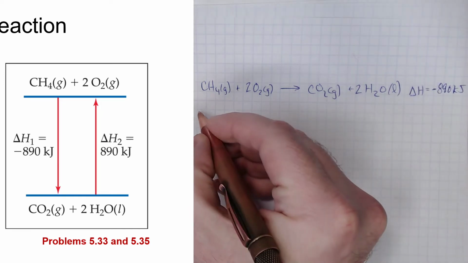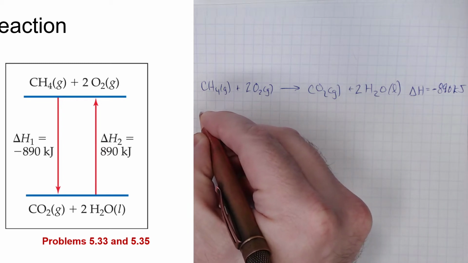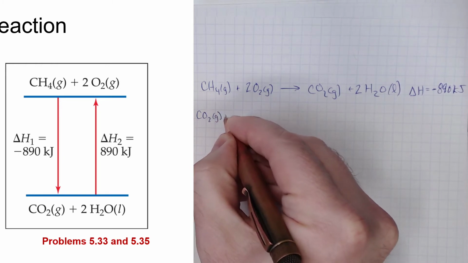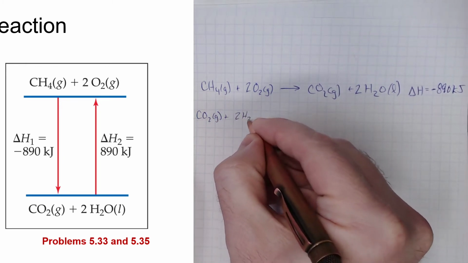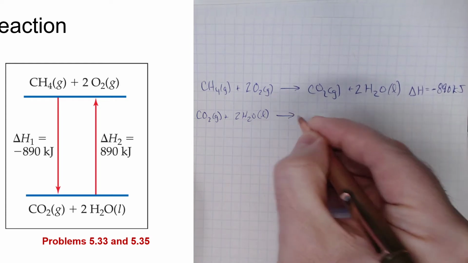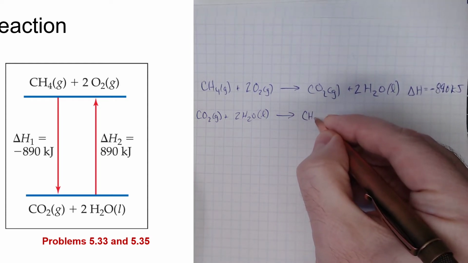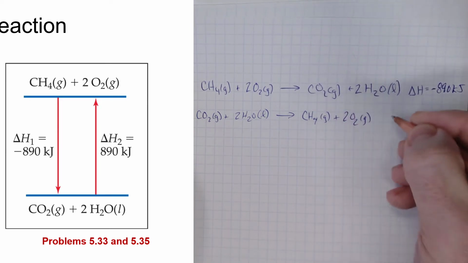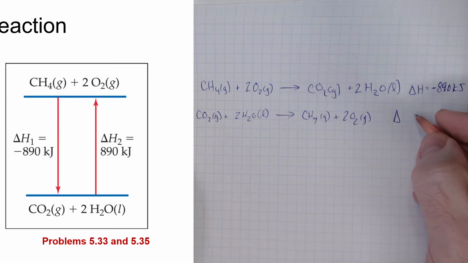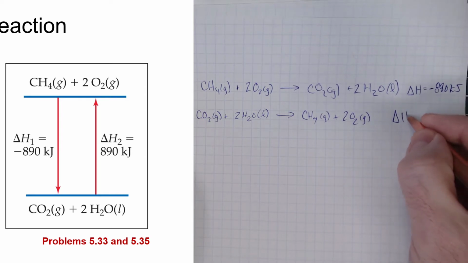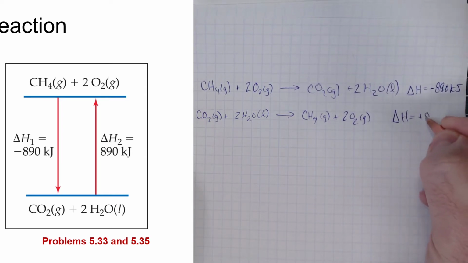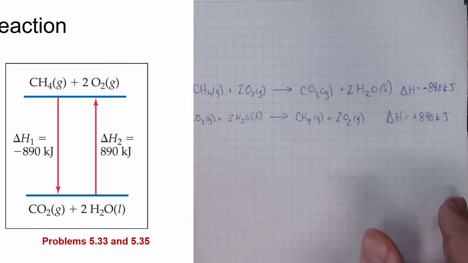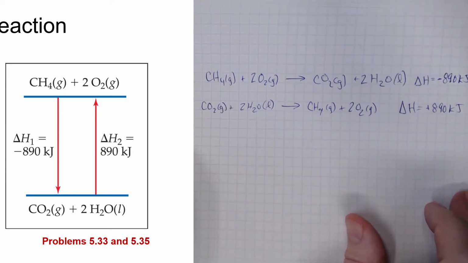Now, conversely, the other bit of information we get out of this is that if we take CO2 gas plus 2 H2O liquid and produce CH4 gas plus 2 moles of O2 gas, there we're going to have a delta H that is equal to positive 890 kilojoules. All right, so that's the other bit of information that we can get out of an enthalpy diagram.